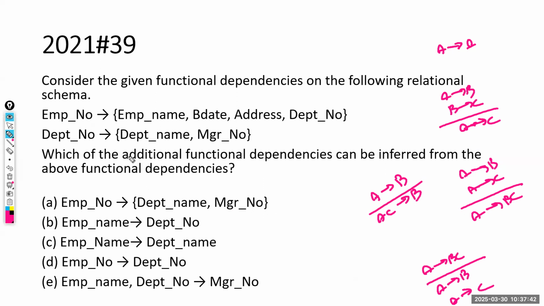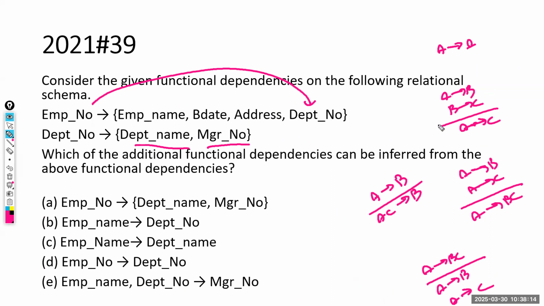Okay. Right. So let's take the first one. Employee number determines these three. Department number determines these two. So the first one, employee number determines department name and manager number. Is it correct? If you know the employee number, you know the department number, because employee number determines employee name, birth date, address and department number.